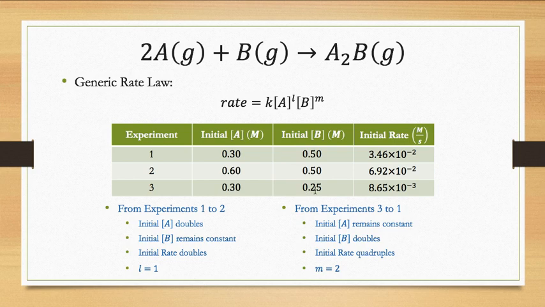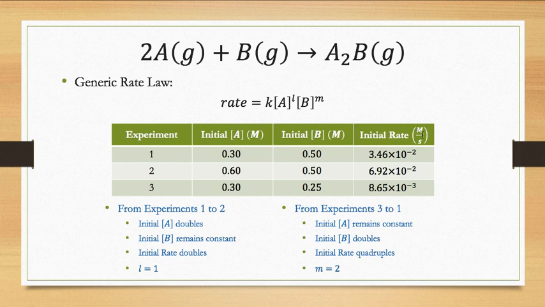It's going from 0.25 to 0.5. And if we look at the rate, it's hard to see, but if I divided 3.46 times 10 to the negative 2 by 8.65 times 10 to the negative 3, we end up getting about 4 times the rate. Right, so the rate quadruples going from experiment 3 to experiment 1.